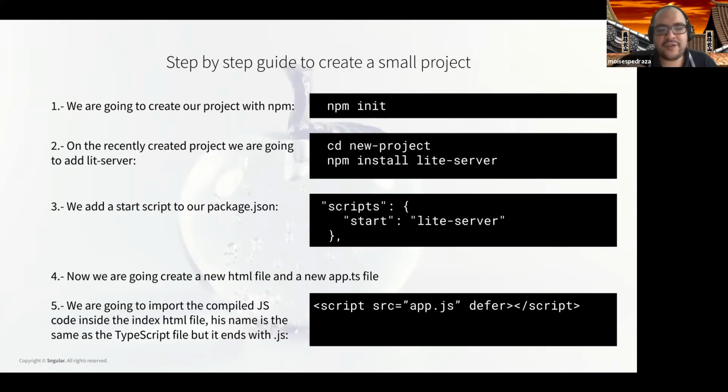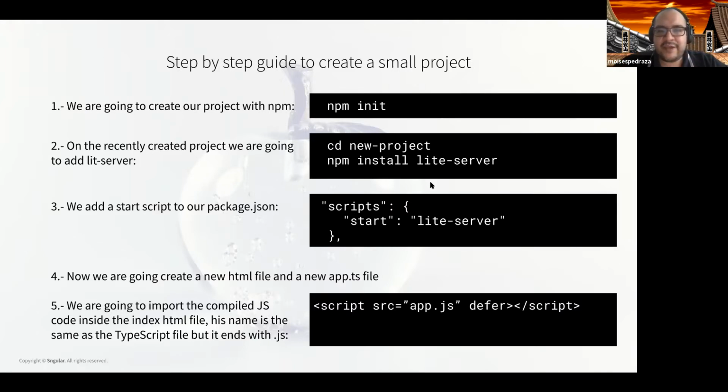So you don't need to constantly refresh the browser. You just need to save and it will refresh the browser. If you don't want to add this package to your project, you can also use an extension for Visual Studio Code. I think its name is the same and it does pretty much the same. It just runs your project on a local server.